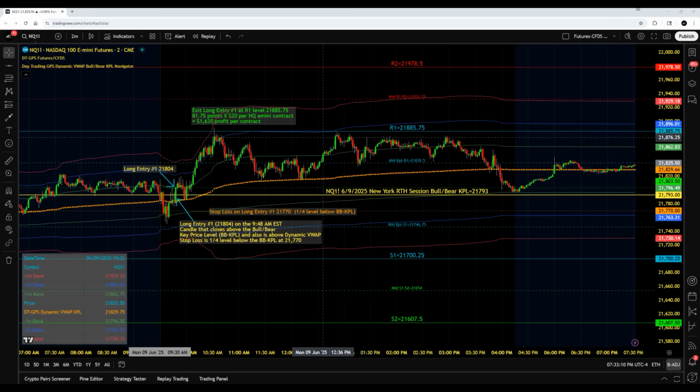Okay, so we have the bull bear key price level for today, 21,793. You can have up to 10 levels of resistance and 10 levels of support. For the purposes of just trading, most sessions will be between R4 and S4, with even the greater majority of those being somewhere between R2 and S2 on most days.